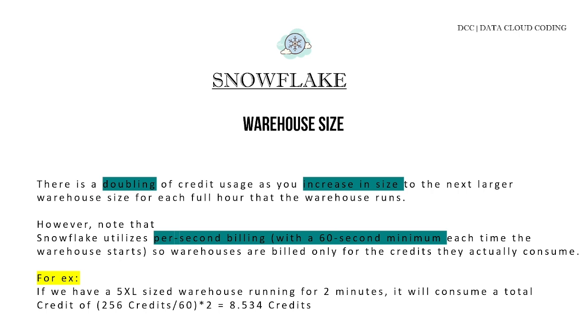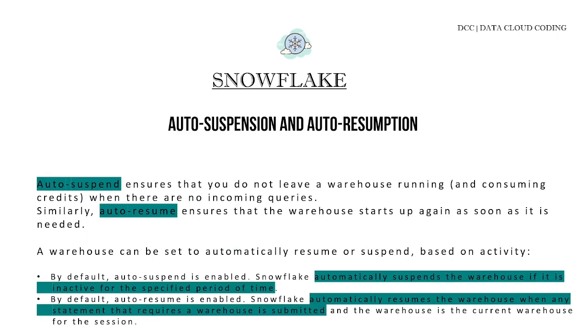A 5XL sized warehouse consumes 256 credits per hour. So if you calculate that, for 2 minutes, a 5XL sized warehouse will be consuming a total of 8.53 credits. Okay, so now moving on.